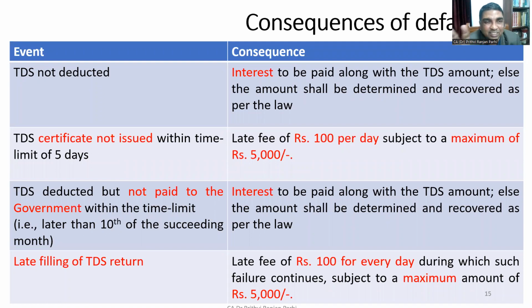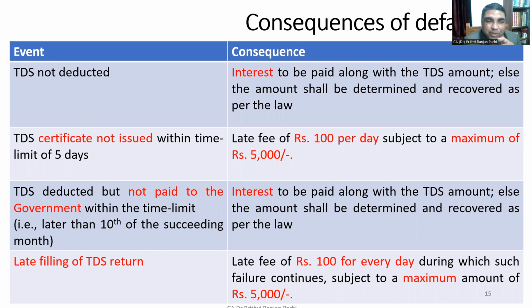Now we'll have a look at the consequences of defaults. If TDS is not deducted, then there is a consequence of interest. Interest will be collected by the government as per its own mechanism. If the TDS certificate is not issued, there is a late fee of 100 rupees per day, maximum 5,000 rupees.